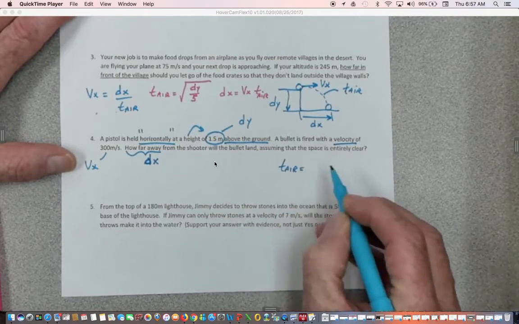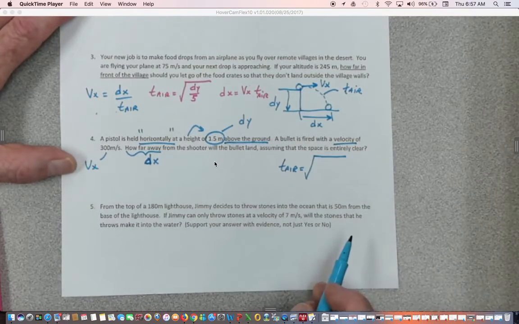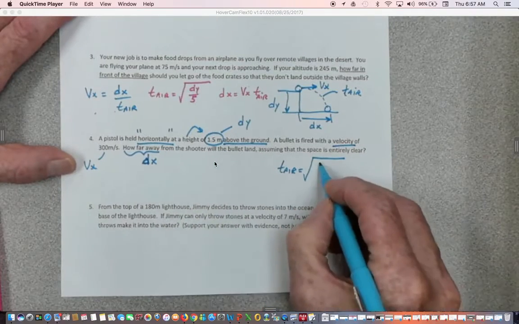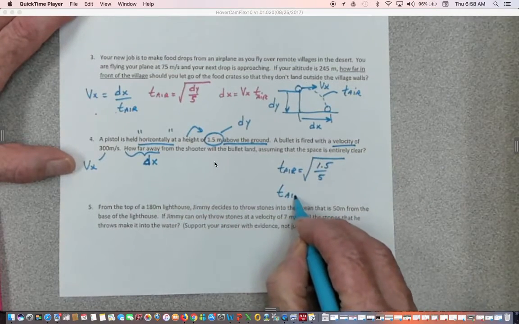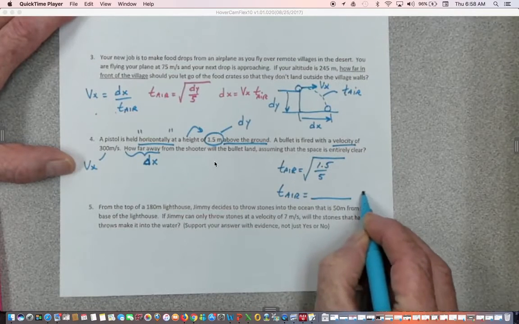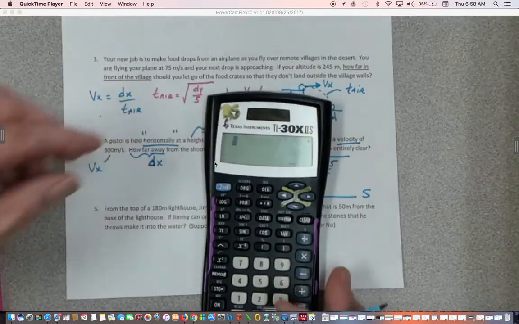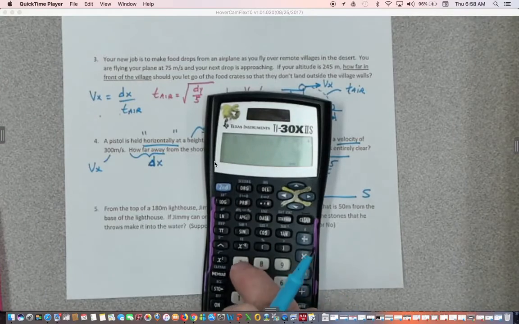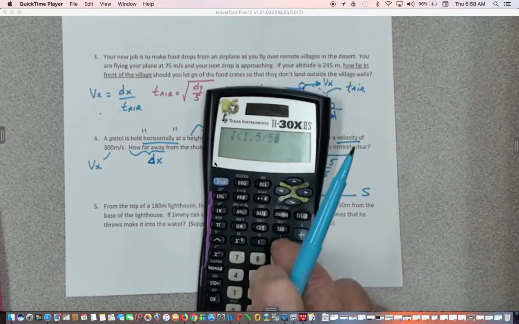And when you do this, I want to see this written out on your paper. I don't want just an answer. I want to see that you put 1.5 divided by 5. And then I want to see an answer on each problem like this with the units on it. At that point, I'll do that for you. So I'll take my calculator, I'll hit second square root, and I have my parentheses, and I'll put 1.5 divided by 5.